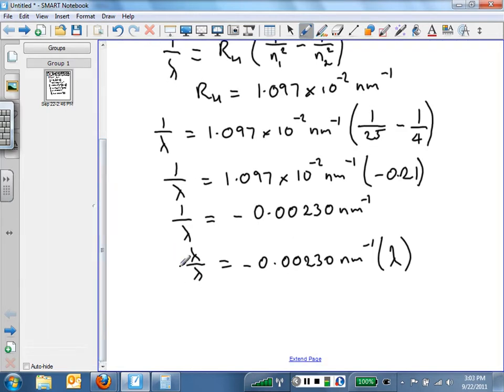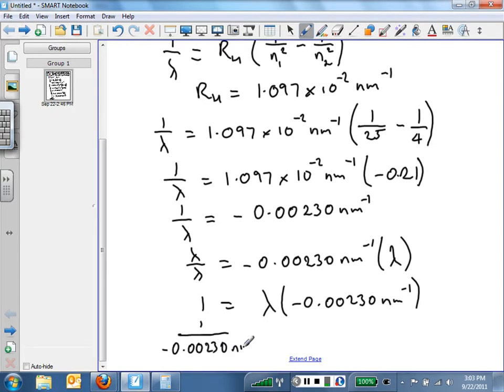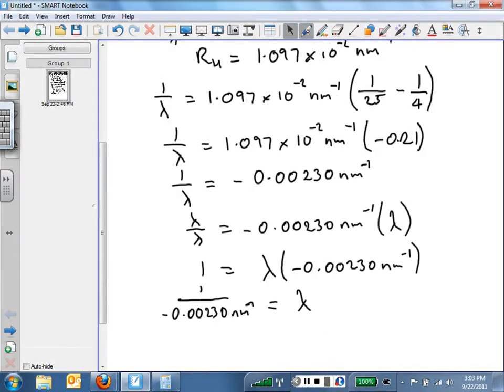And so to solve, we do this. Take the reciprocal, and so we get our final answer of lambda is equal to negative 434 nanometers.